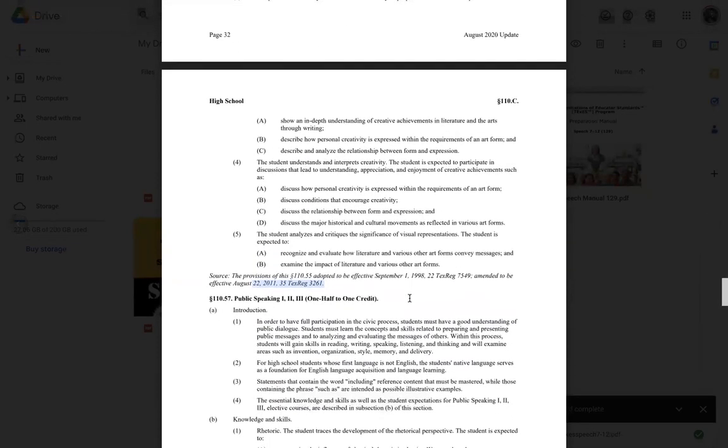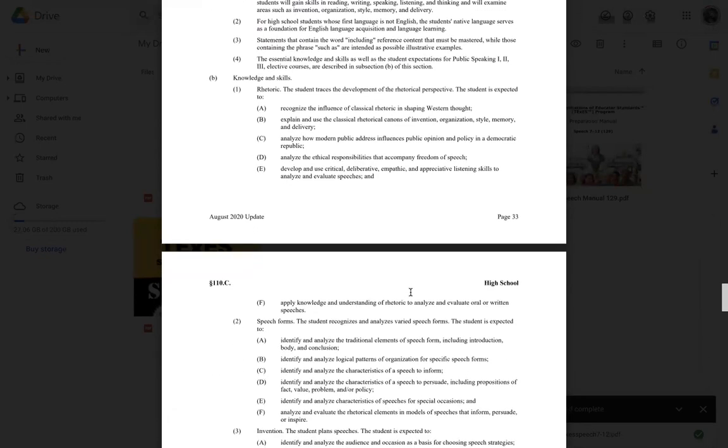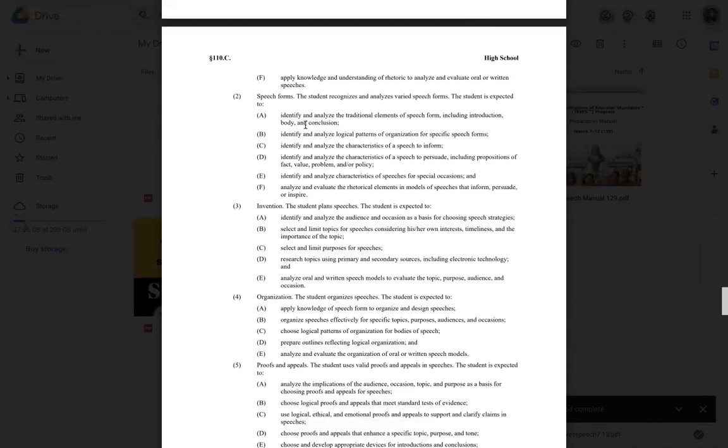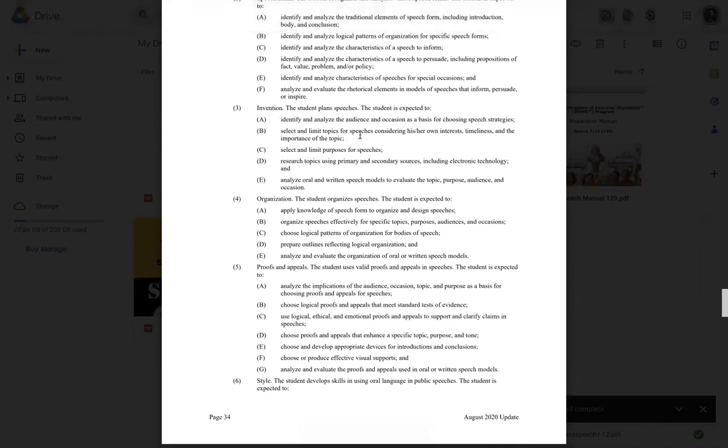Rhetoric. Analyze the ethical responsibilities that accompany freedom of speech. Literally, a lot of people need to revise and reread this. Just adults need to relearn this. Speech forms: identify and analyze traditional elements of speech forms, including introduction, body, conclusion. Invention: identify and analyze the audience and occasion as a basis for choosing speech strategy. So what particular strategies are you going to use based on your audience, right?